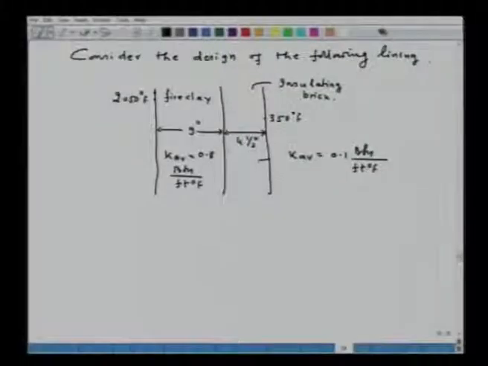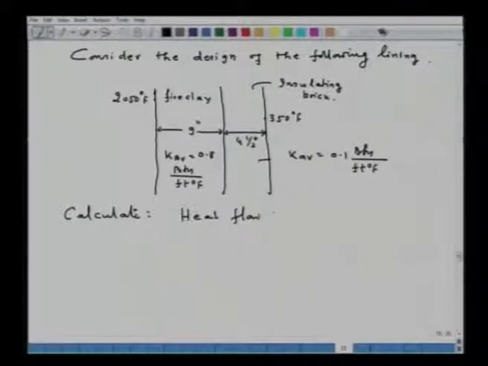Now, what you have to calculate is the heat flow through the wall, of course in units BTU per feet square hour.